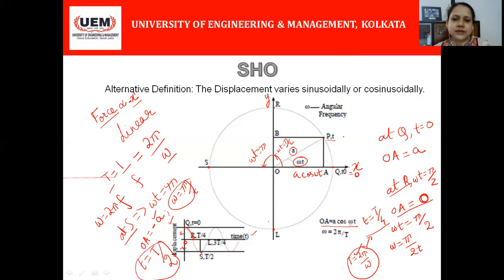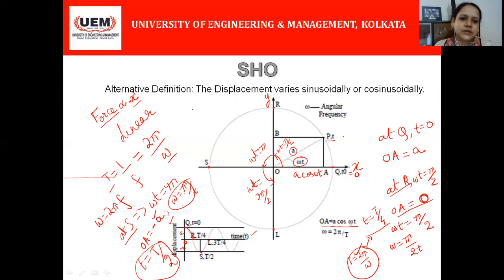Then the particle moves from position S to position L. And again, we can see that when the particle moves to position L, then the corresponding omega t is 3 pi by 2.